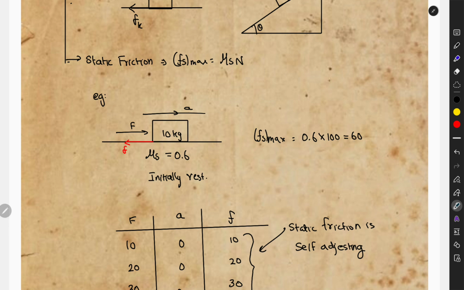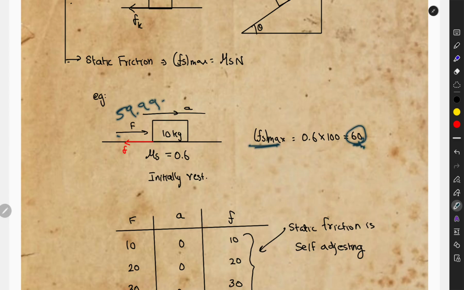If F is 70 newton, let's say, the block starts moving and the friction acting is kinetic friction, not static friction. Let's take the 59.999 case. In that case static friction will be acting because it is less than 60.